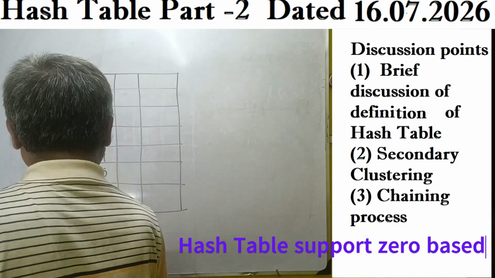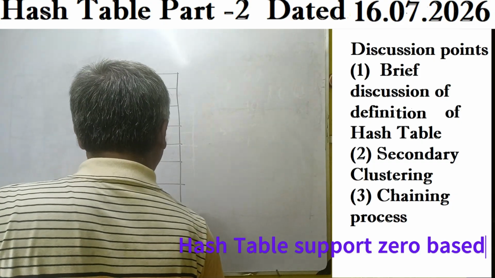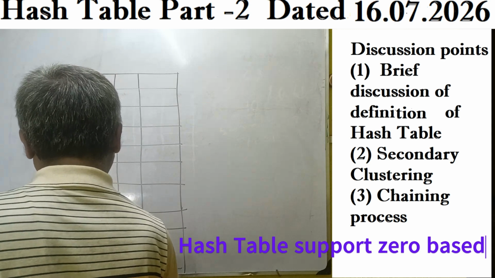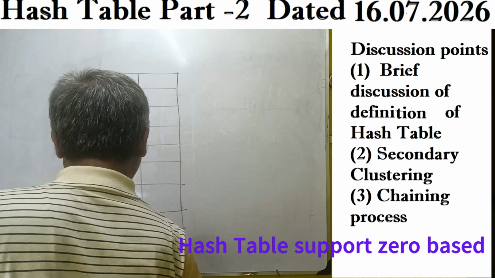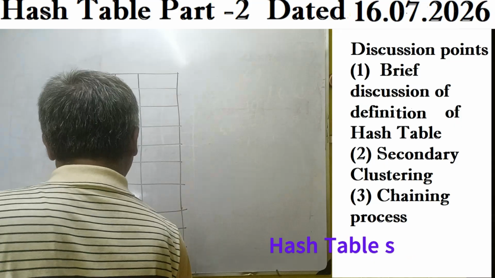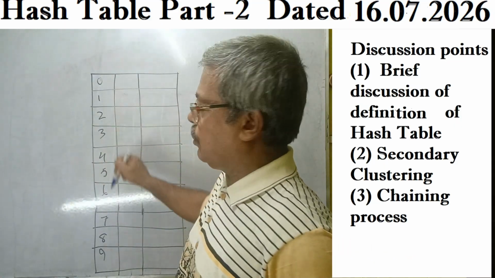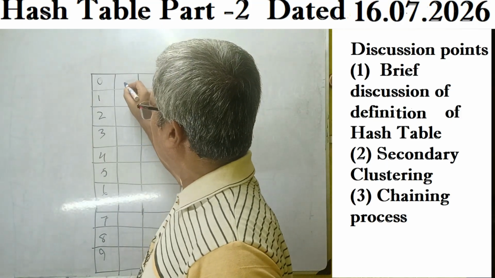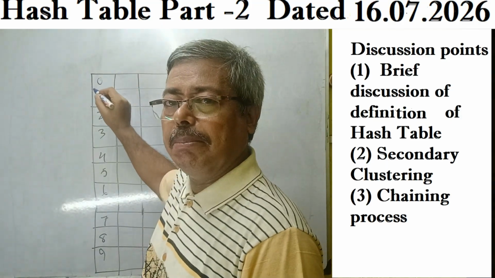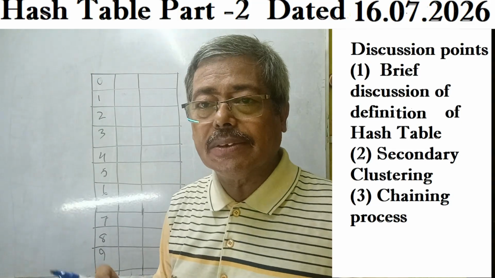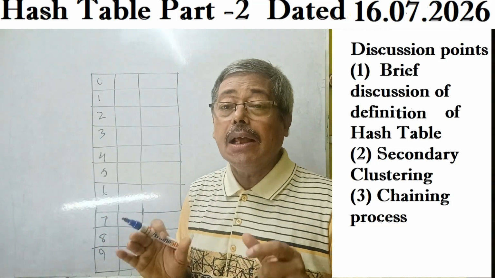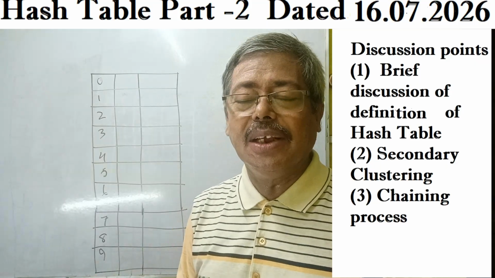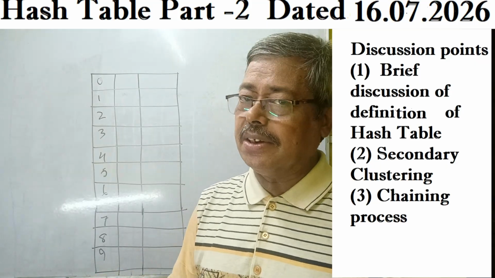I am extending the figure, and now 6, 7, 8, 9. More rows are originated. So this is the index number, and this is the row where data will be submitted. The data will be placed at the free slot, the bucket point. It is our criterion. A hash table is a linear data structure.